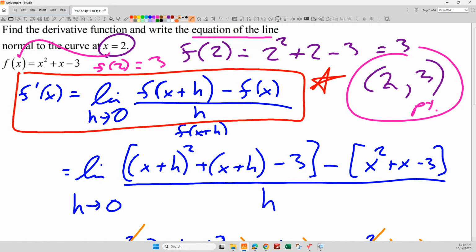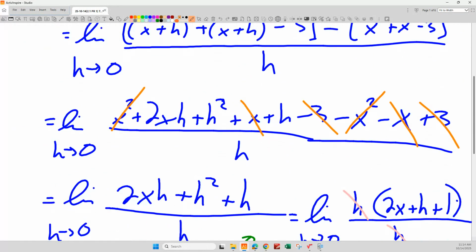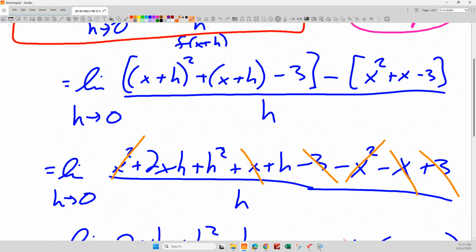So if that's f of x, then we had to replace f of x plus h with what we get for our function. We had to replace f of x with our function, and we had to do our limit magic, right? Where we take this indeterminate form. If I try to evaluate this directly, it just looks like 0 over 0.